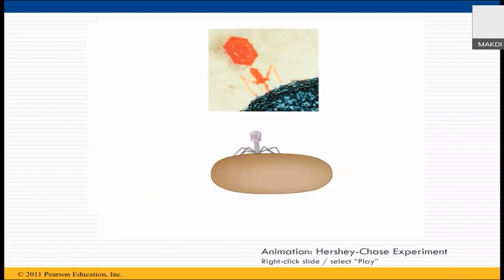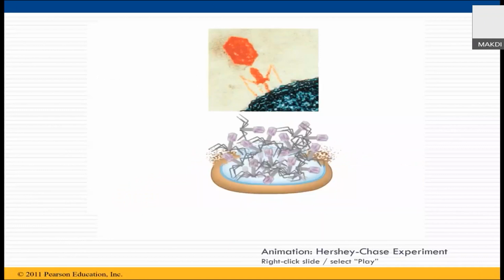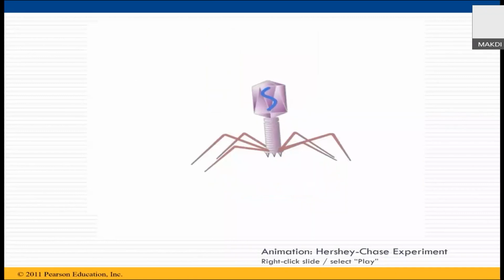About 20 minutes later, the cell bursts, releasing dozens of particles that are virtually identical to the infecting virus particle. Hershey and Chase deduced that the entry of some viral component affects the genetic program of the host bacterial cell, transforming it into a bacteriophage factory. They set out to determine which part of the virus, DNA or protein, enters the bacterial cell.